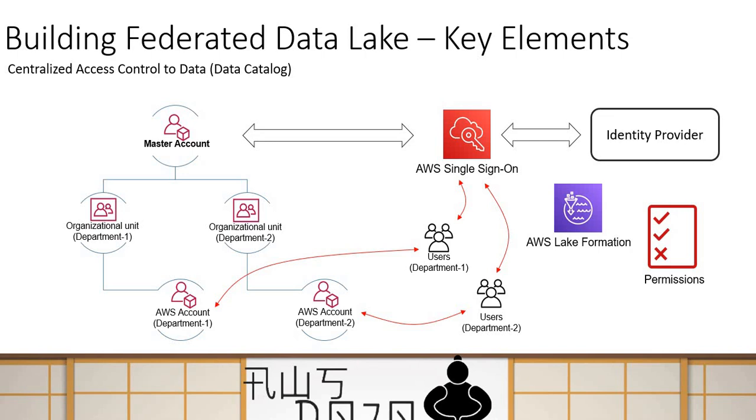AWS Lake Formation provides features to give access not only to your own data lake, but it can also collaborate with other data lakes to provide cross-AWS-account, cross data lake kind of access. So your access should be managed through AWS Lake Formation so that you can quickly operationalize cross data lake access for your end users.